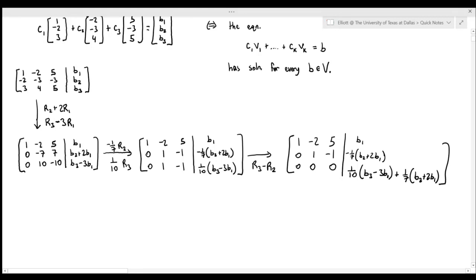So now looking at this equation, or looking at this matrix that we ended up with, does it look like there's always going to be a solution, no matter what the vector b was? Okay, yeah. So in particular, there will not be a solution if the right-hand side over here is non-zero.